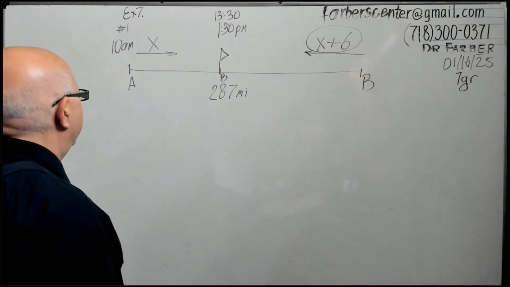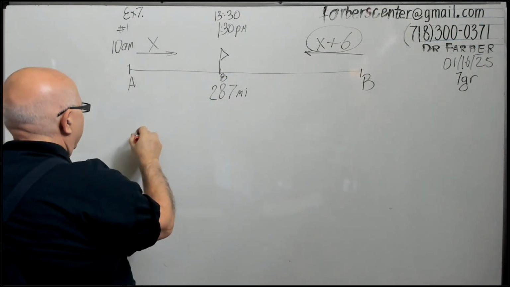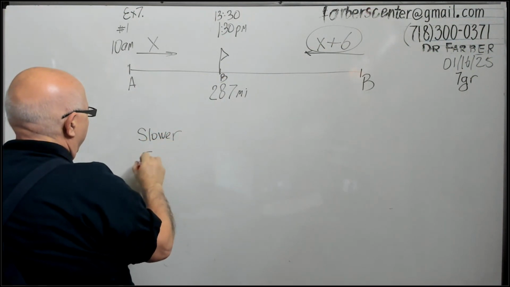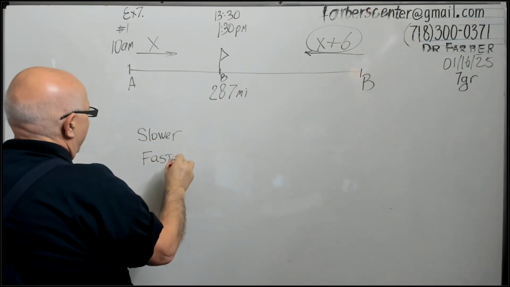After that, you can create a matrix, slower and faster, 2 attributes.